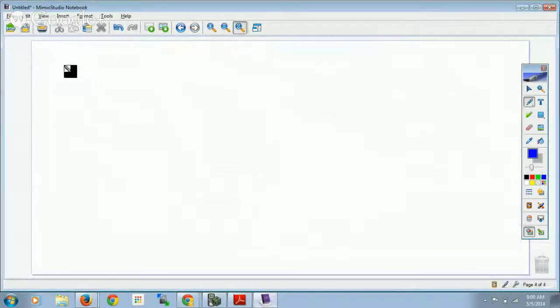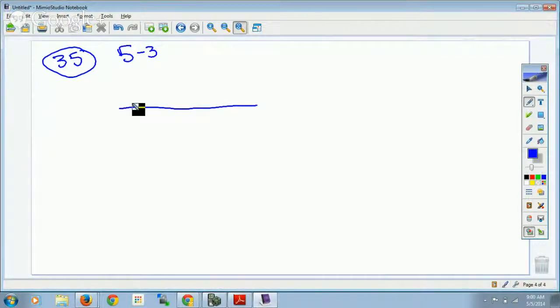All right, so I've got some kind of distribution. This is number 35 in section 5.3. So let's say this is my distribution. That's not really what it looks like. And this is 9. I want 9 or more.